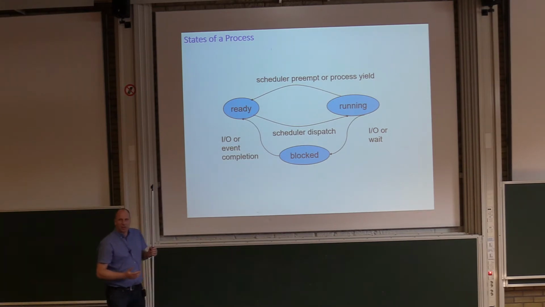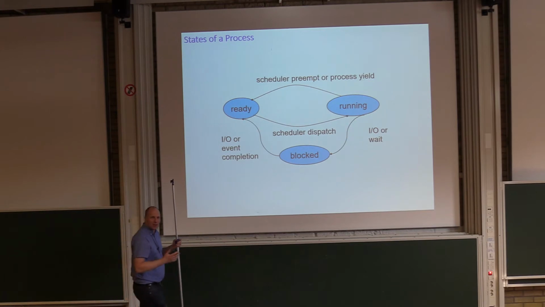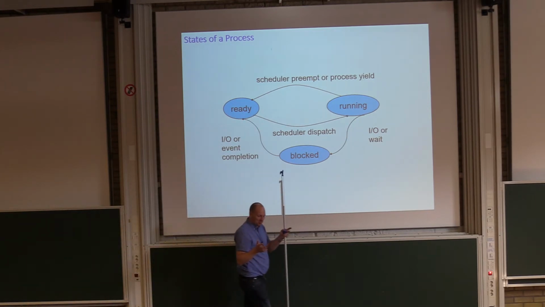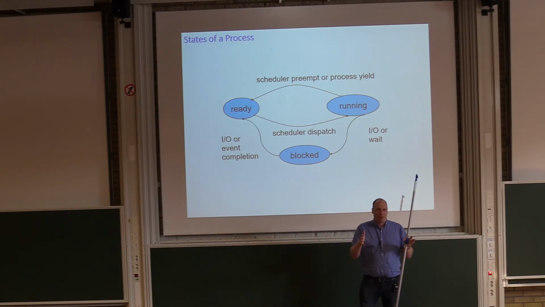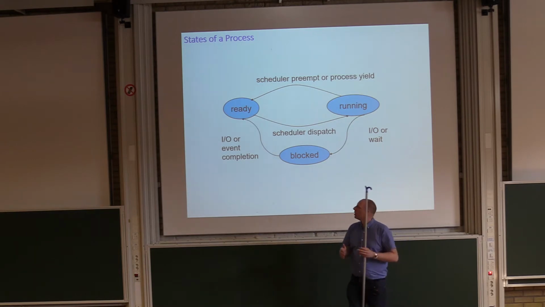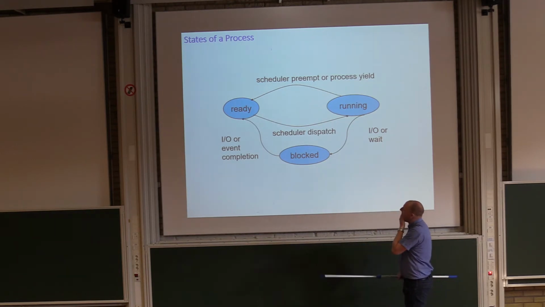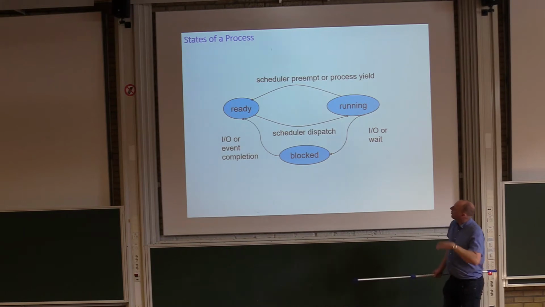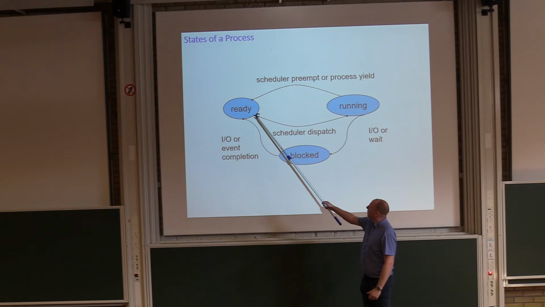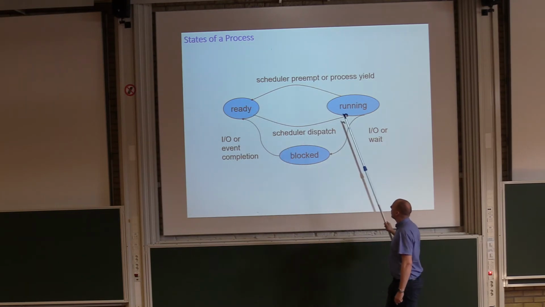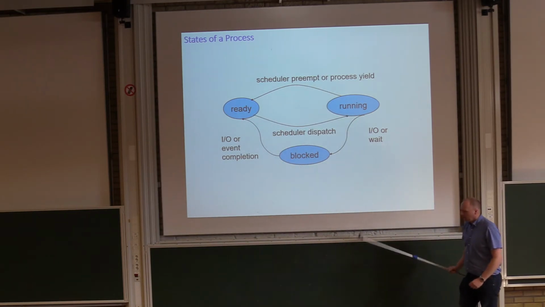So what is a process? As we said before, a process can be something that has its own view of the memory, but we can also think about the thread as a process. From a high-level perspective, we can think about the process having three different states: ready, running, and blocked.